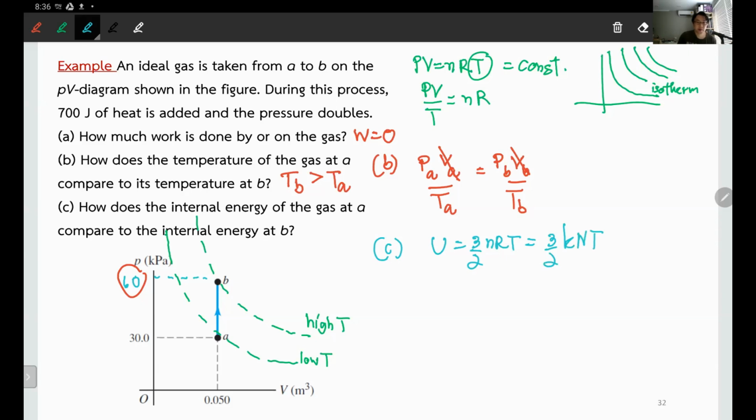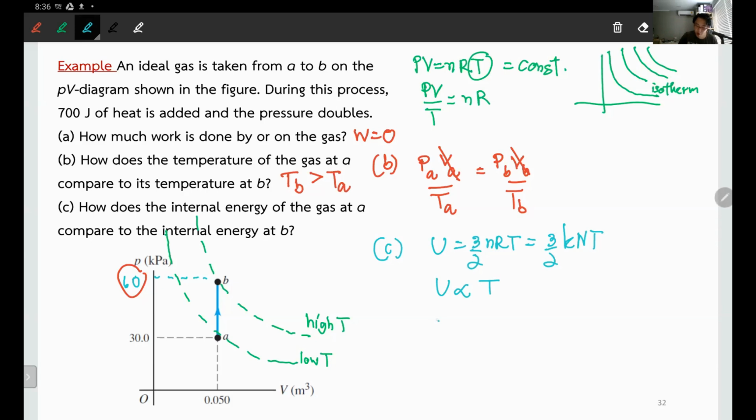Okay. All right. So this is a straightforward relationship between the internal energy U and the temperature. We already said the temperature will tell you the total amount of energy in the system. So the bigger the T is, the bigger the U. In this case, you know exactly what's going on. The temperature is twice as big, so the internal energy will be twice as big as well.